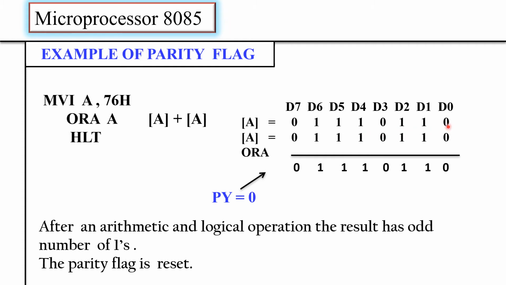We are taking ORA, logical OR of A with A. So again the data in the accumulator is 76, that is 0 1 1 1 0 1 1 0. Now we will take the logical OR. In the truth table of the OR gate, when any of the inputs is high, the output is high. So the output is high if any or both of the inputs are high. Here 0 OR 0, the result is 0. 1 OR 1, the result is 1.